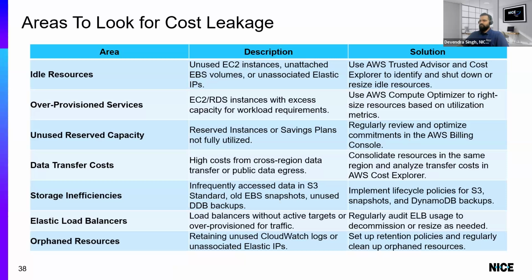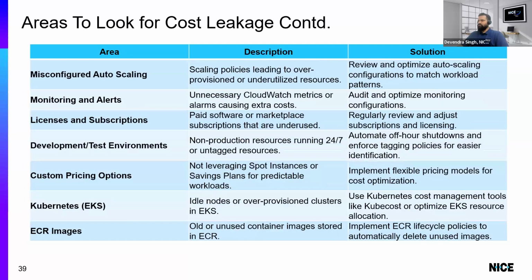This list includes idle resources, over provisioned resources, unused capacity, data transfer cost, storage inefficiencies, elastic load balancer, orphan resources, misconfigured auto scaling, monitoring and alerts, licenses and subscriptions, and development and test environments, like the non-production environment that we have discussed, and custom pricing options for EKS as well as ECR images. So you can look for spendings over these lists to control any cost leakage that is happening.